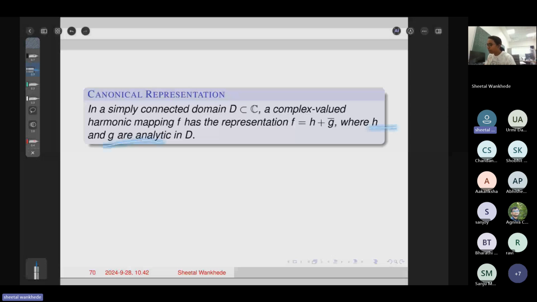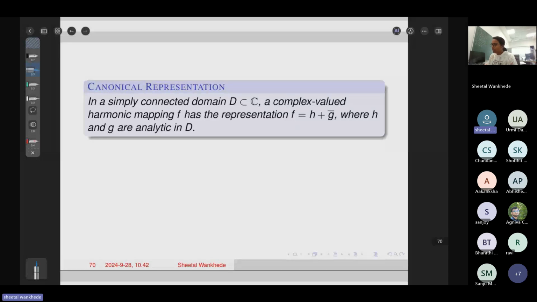When we are able to represent the harmonic mapping in terms of analytic functions, we can explore all the theory which is already available for analytic functions for the harmonic mapping. So whatever classes and properties we discussed can then be extended and generalized for the harmonic mapping. Because when g is 0, the harmonic mapping is already an analytic mapping, when f equals h.